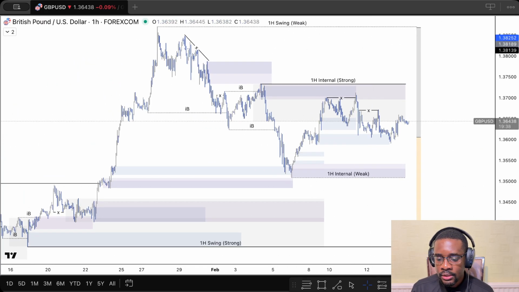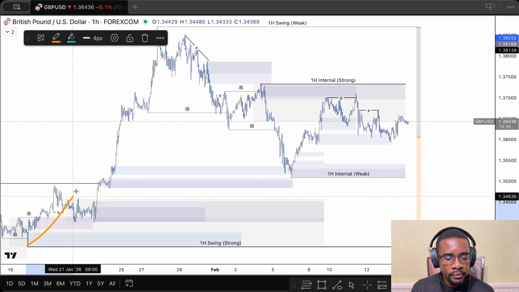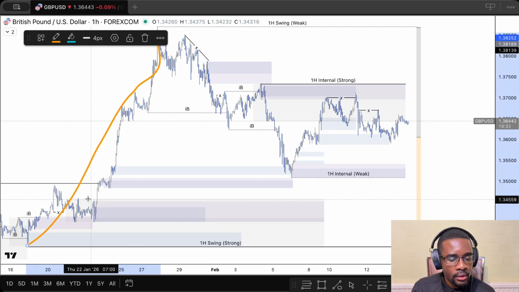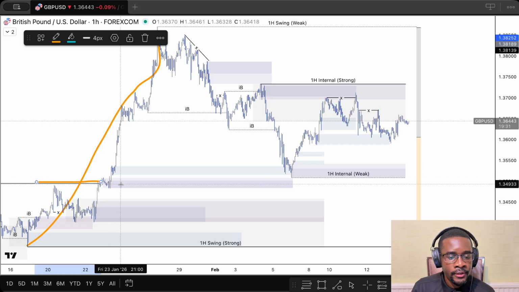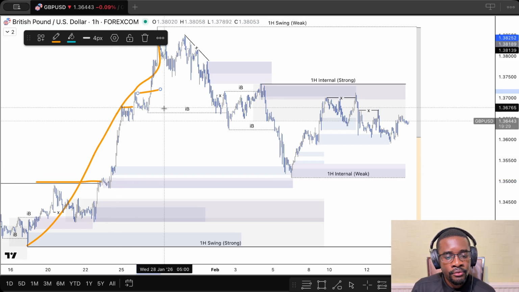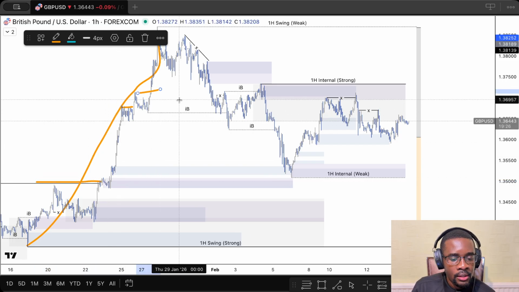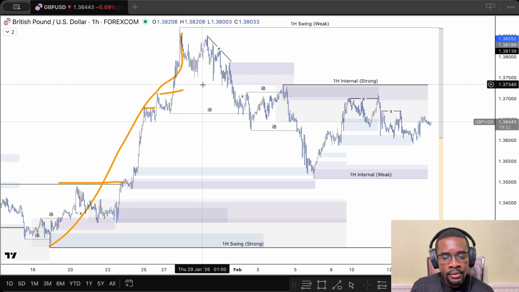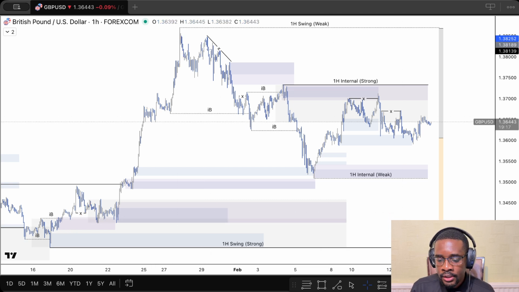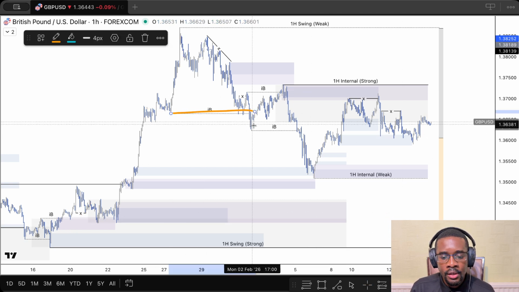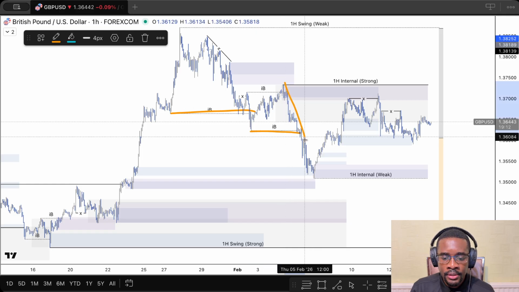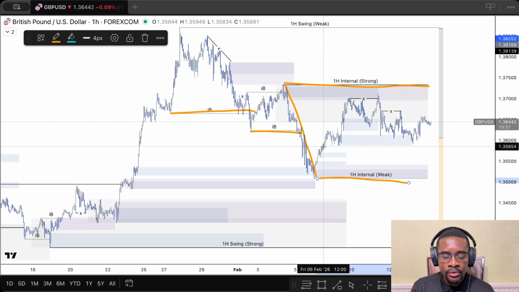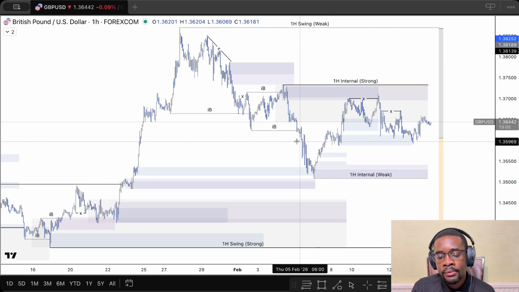This was our last swing, and that's where we had our break of structure, and I didn't see any of these to deem them as swing ranges, so I'll just consider them as internal ranges. This is where we had our internal break of structure, and then the second one, and this is our internal range at the moment. Our internal range is also the same as our 4-hour internal range.